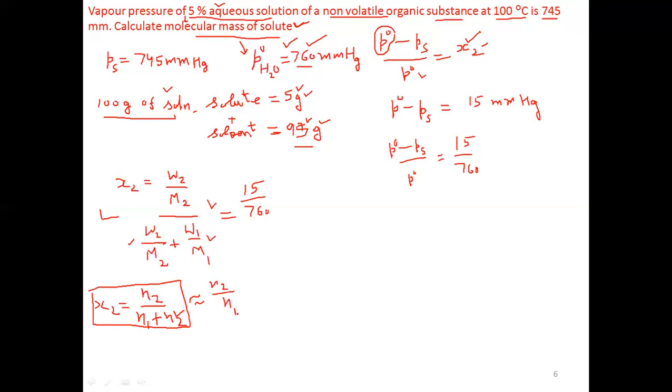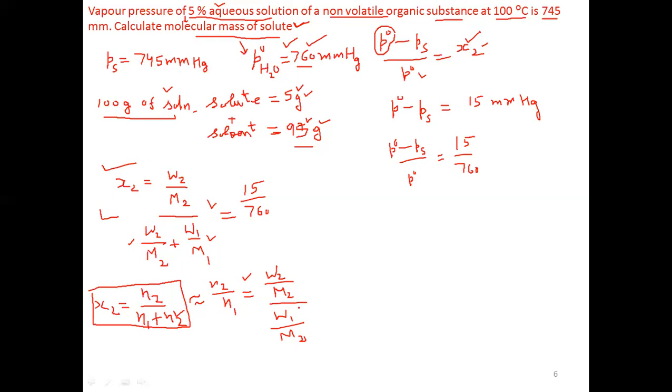That means we can simply write it is equal to W2 divided by M2 divided by W1 divided by M1. Now I will do this case of dilute solution, but in order to get an accurate result, you have to put the value in this relation; try to do it by yourself. So I will do this here.